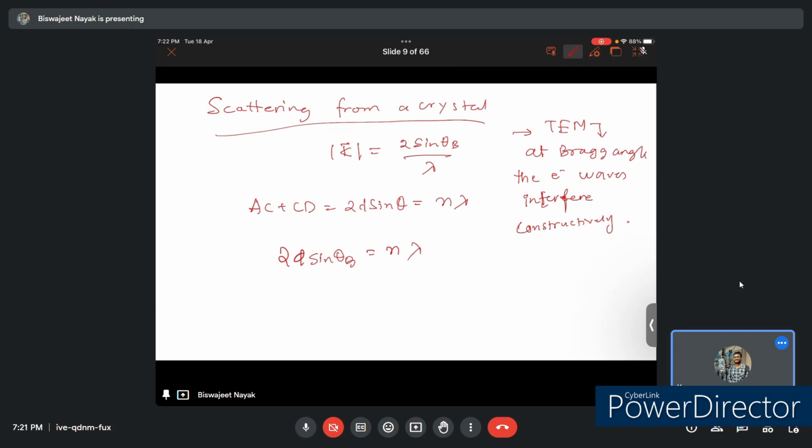and for n equals 1, it looks like sine theta B equals lambda by 2d, and 1 by d is basically the distance between C and B, which we denote as our change in the wave vector.